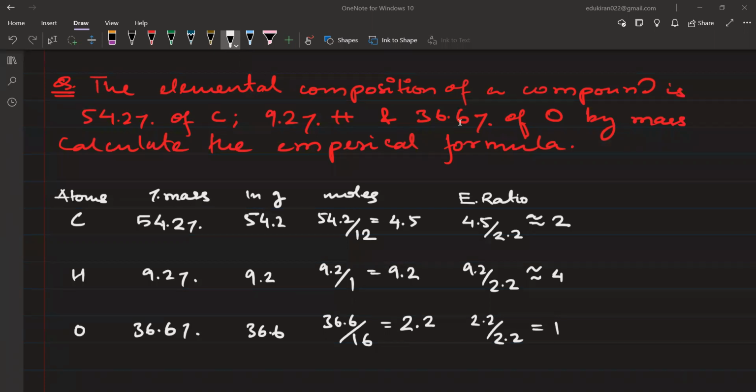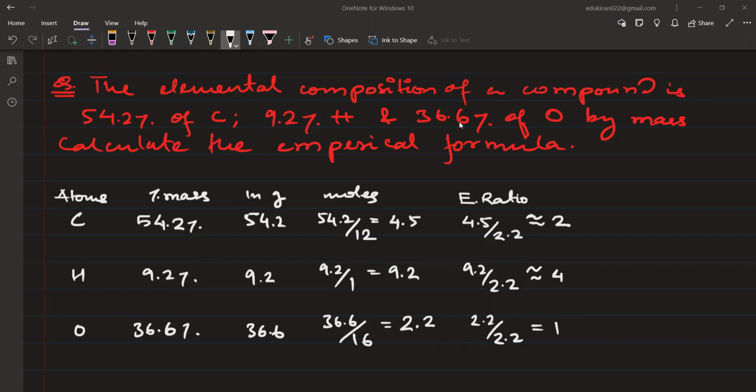What is the relation of atomic number here, Fatima? What did you forget? Please keep your mic on, don't shut it off, and tell me first of all what happened.